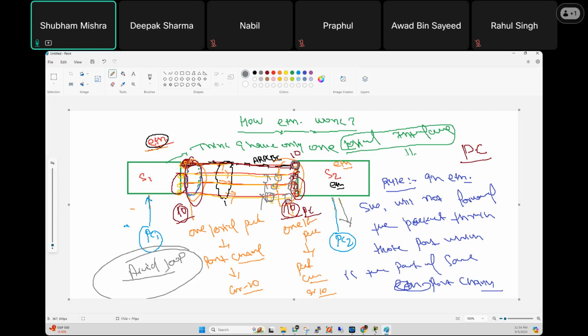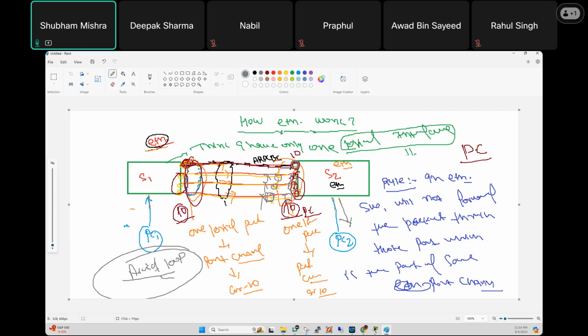Clear? So this is not the last. Tomorrow, guys, we will discuss more things about STP. We will discuss in tomorrow's class what criteria you have to keep in mind when you are configuring EtherChannel. There are some parameters, or you can say some rules.